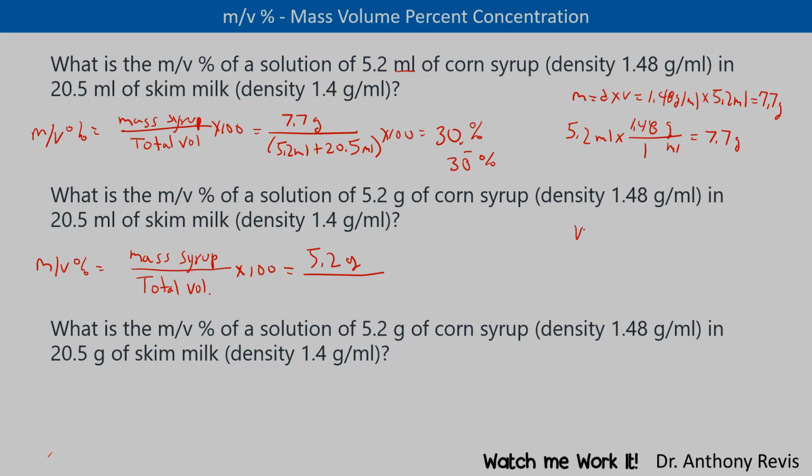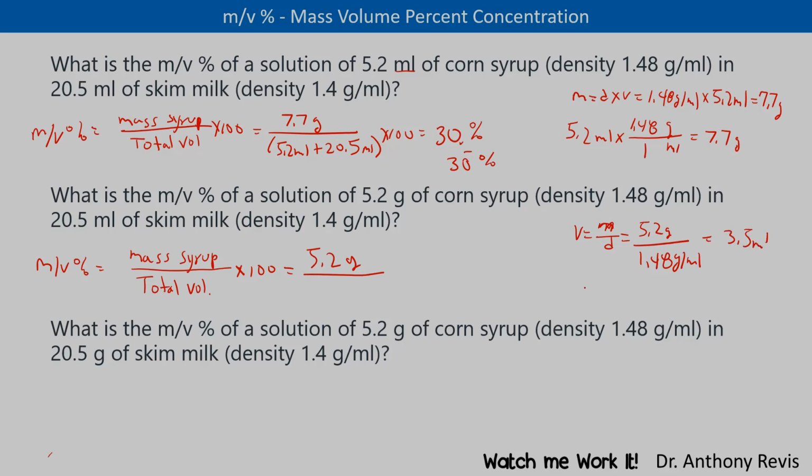We know that volume equals mass over density, by rearranging the density formula. So our mass is 5.2 grams divided by a density of 1.48 grams per mL, and that will give us a value of 3.5 mL.